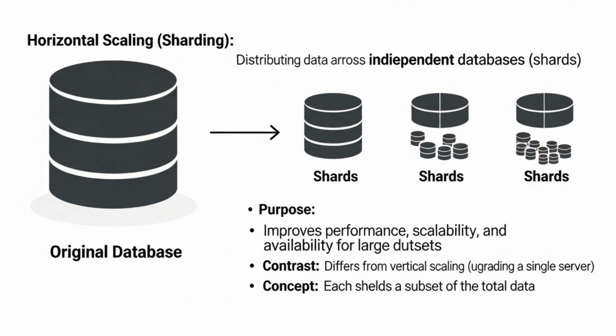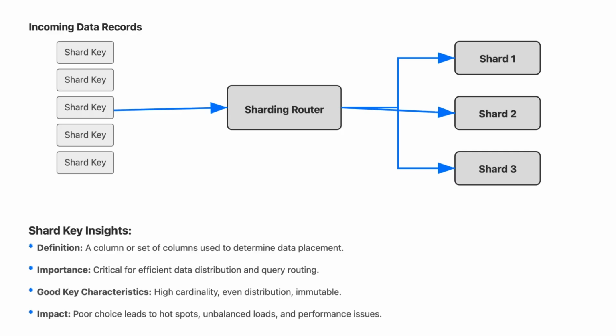At the heart of any sharding strategy is the shard key. This is perhaps the most crucial decision you'll make when implementing sharding, as it fundamentally dictates how your data will be organized. A shard key is essentially a column or a set of columns within your database table that the sharding system uses to determine which specific shard a particular piece of data should reside on.